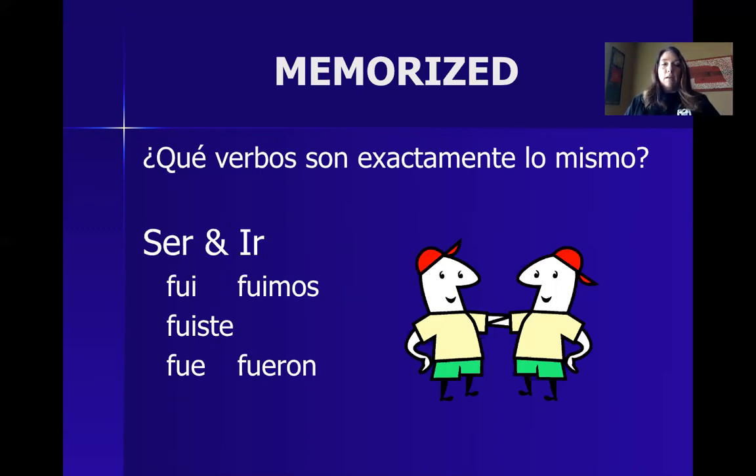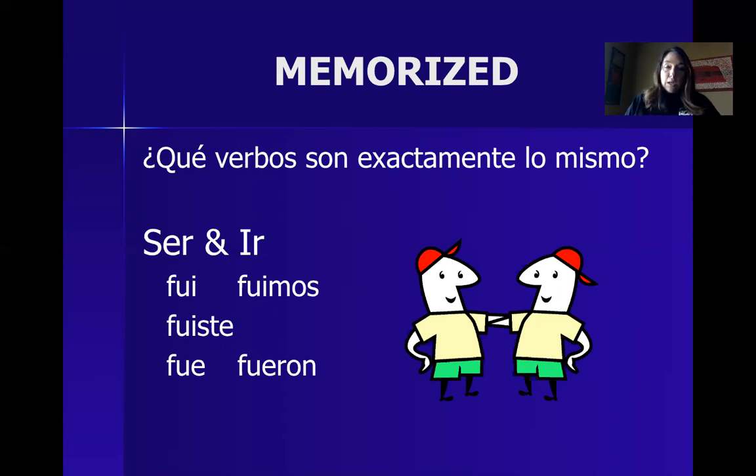How do we say that? Fui, fui, okay? If you were, fuiste. He or she or you formal were, fue. We were, fuimos. They were, fueron, okay? So once again, it sounds like fui, fuiste, fue, fuimos, fueron, okay?